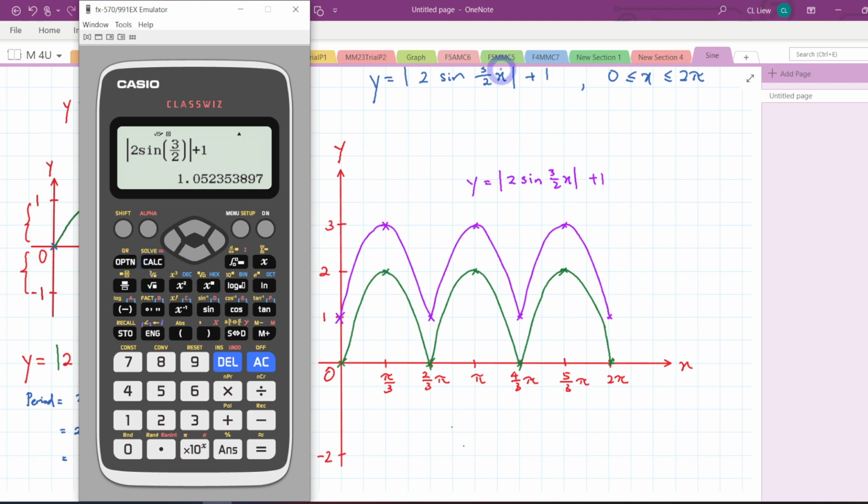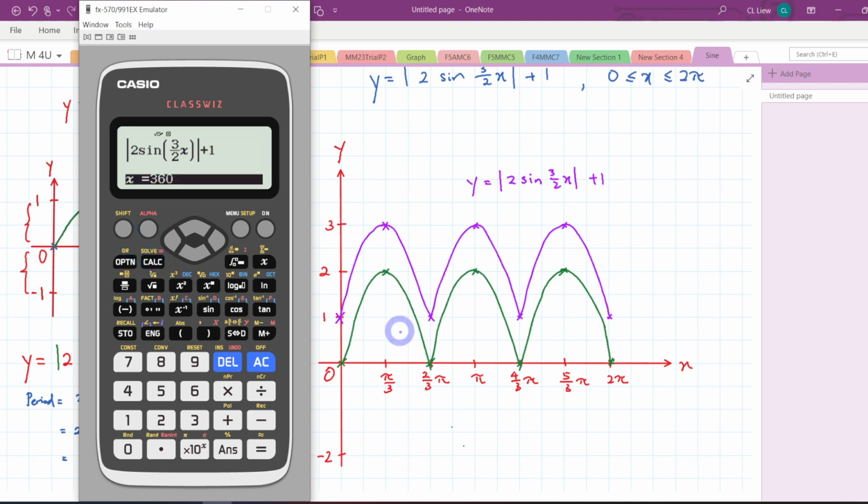Oh, it cannot. Let me check again. Oh, sorry, just now I forgot to key in the x. Let me redo it again. 2 sine 3 over 2x, and then add 1. Okay, now this time should be okay.